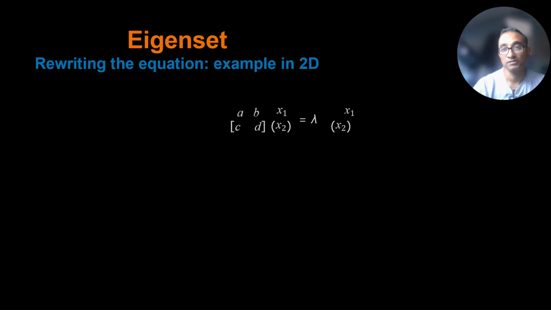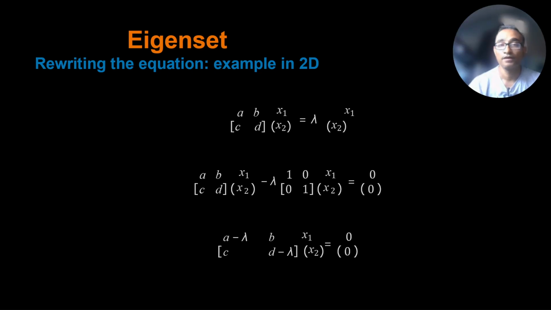If you look at a deeper example of it, especially in 2D, you have a vector represented by elements x1 and x2 multiplied by a matrix represented by a, b, c, d, and the same vector x1 and x2 multiplied by lambda, a scalar. If you expand this mathematically and rewrite the equation, making the right side a vector represented by 0, 0, you will end up with the last equation.